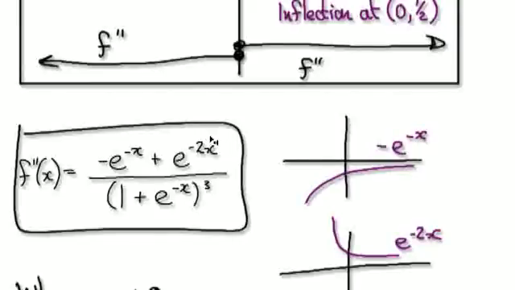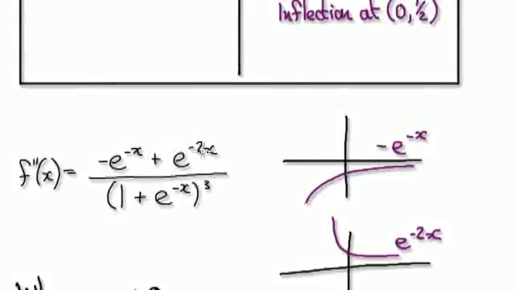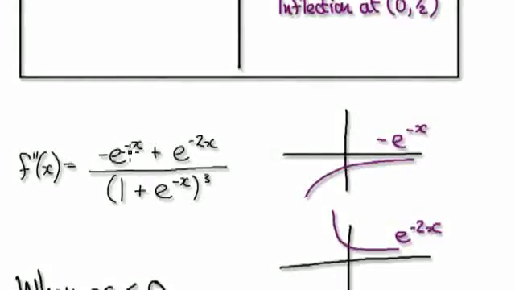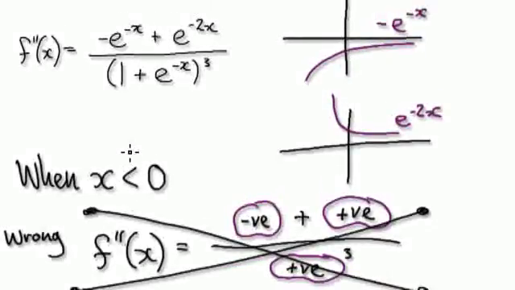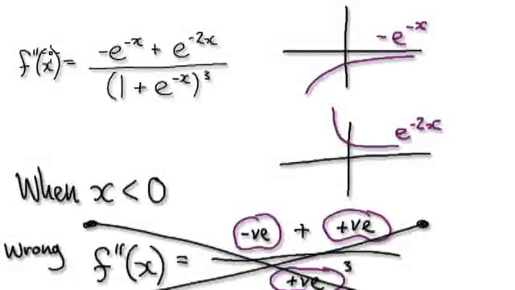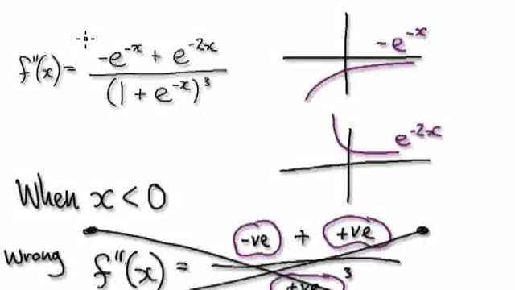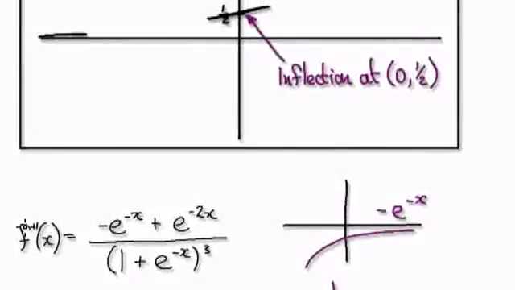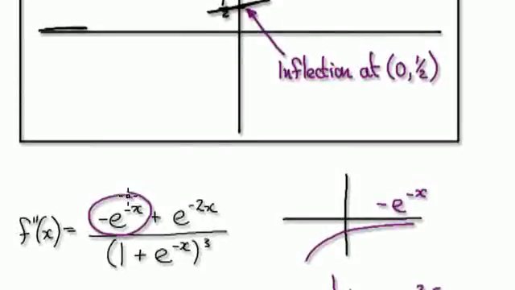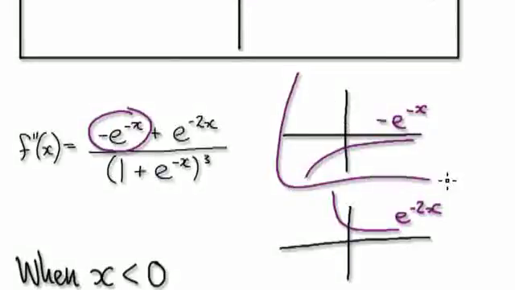We are trying to consider f double prime in the negative region. Now, if you look at this graph here, it looks like this.